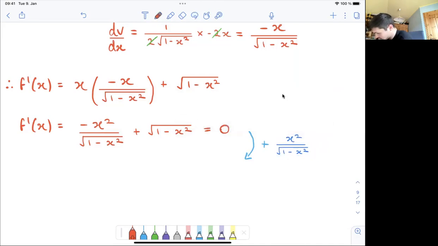Then the right hand side turns into the square root of 1 minus x squared, which will equal x squared over the square root of 1 minus x squared.